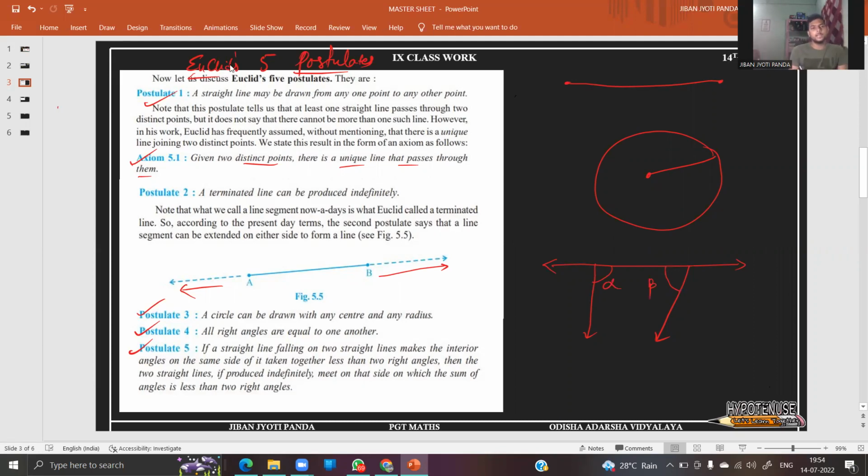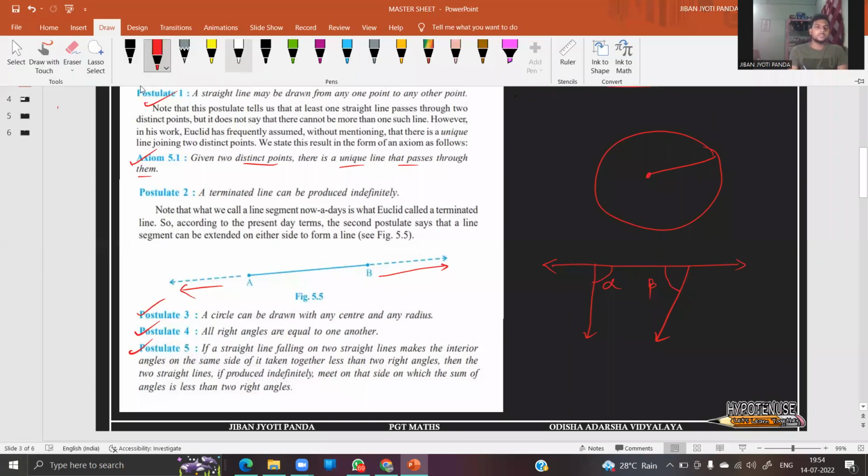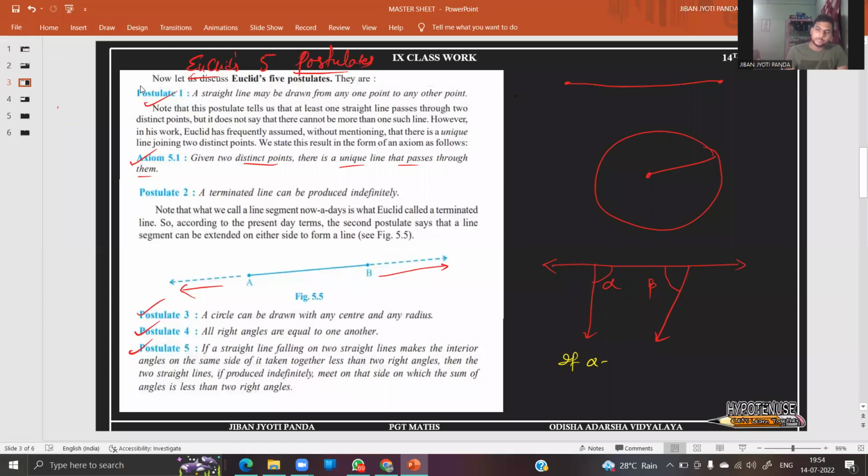तो अभी वो बोल क्या रहा है इस postulate में? This postulate is saying that if the sum of these 2 angles, alpha plus beta, is less than 180, 2 right angles means one straight angle, less than 180. देखो लिखा है यहाँ पे, same side is taken together less than 2 right angles, so it is less than 180. Then the 2 straight lines, if produced infinitely, they will meet somewhere.